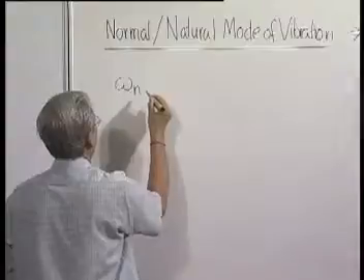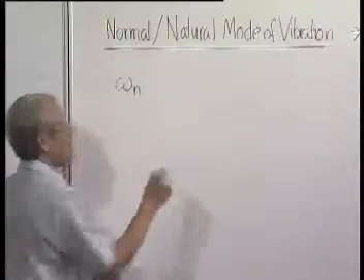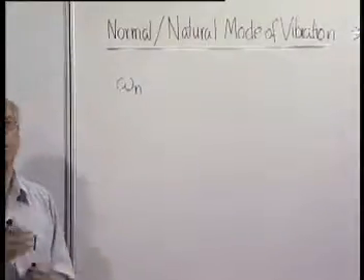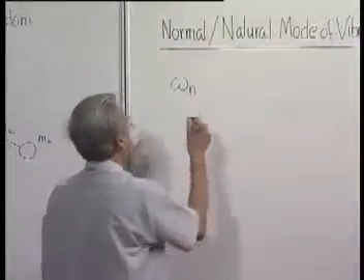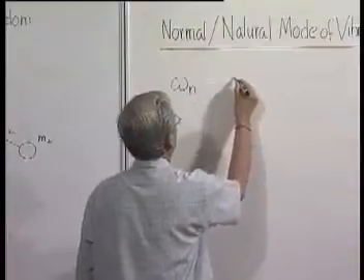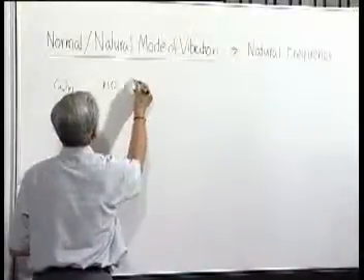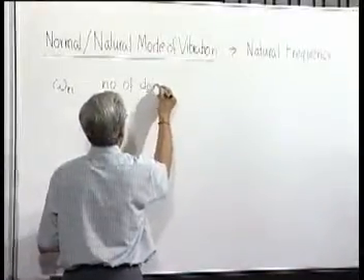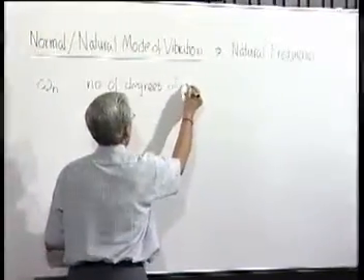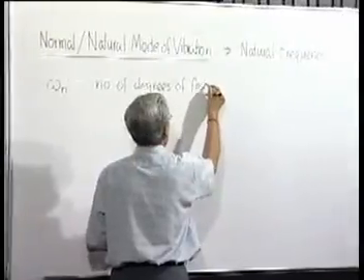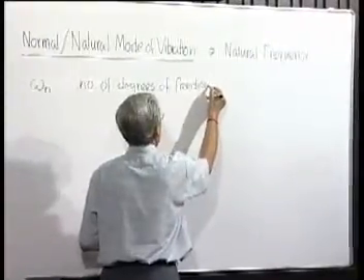Next question will be how many such natural mode vibrations will exist and how many corresponding natural frequencies will exist. That will be exactly equal to the number of degrees of freedom. So the number of natural frequencies omega n will be the number of degrees of freedom.